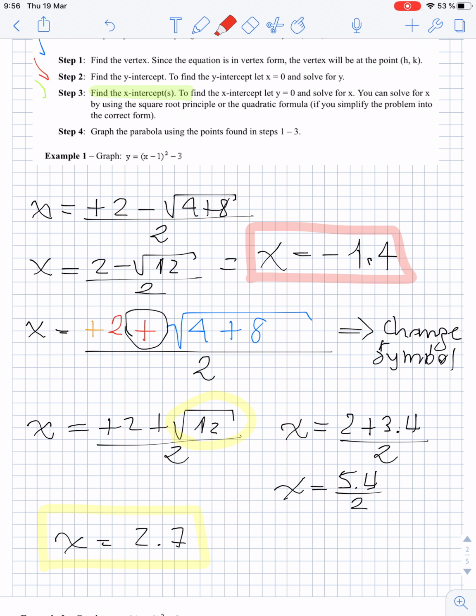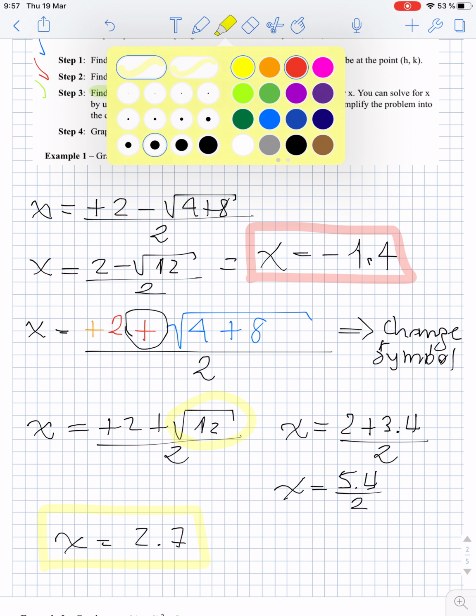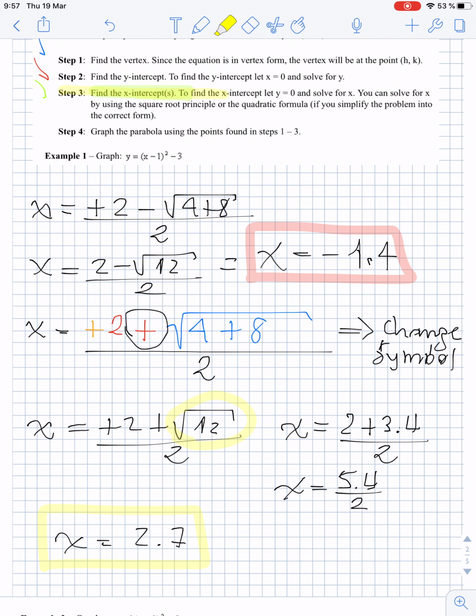Okay, when we got all the values, that means the x-intercept, the y-intercept, and the vertex, we can graph the curve. How to graph the curve? I'm going to write the values over here. The value of the vertex is equal to 1 comma minus 3. Remember, it's a coordinate vertex.